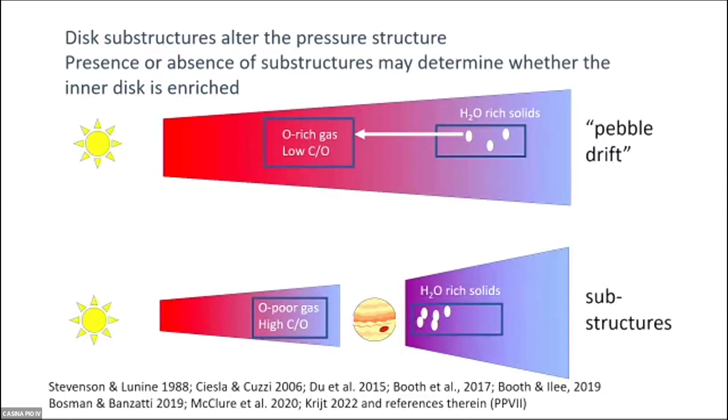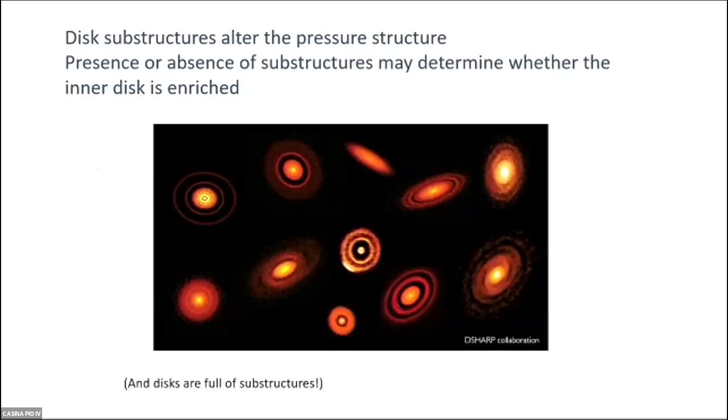And you can see there with my horrible cartoon that one reason you might get these substructures is due to planet formation. So again, does this make sense? Well, disks are full of substructures, so it's definitely something we should be considering.